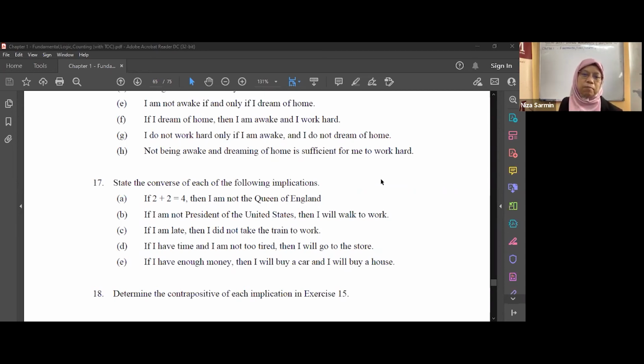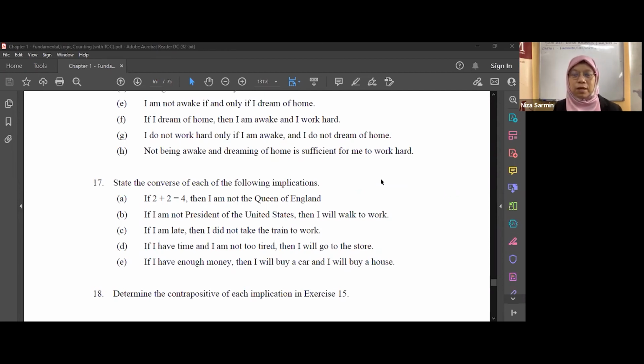If I have enough money, then I will buy a car and I will buy a house. Actually, the best way to write the sentence is if I have enough money, then I will buy a car and a house. Right? You don't write the same thing. So the converse would be if I will buy a car and a house, then I have enough money.